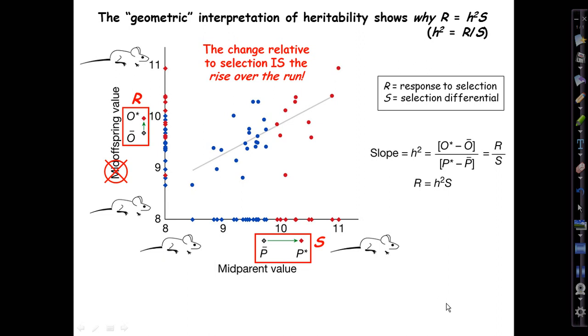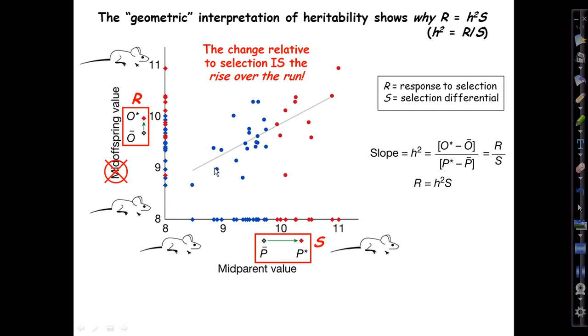And so that's a way to remember how there are these two different ways of estimating heritability. You can regress the offspring on the parents and shoot a regression slope through it, or you can do the selection experiment and see what evolutionary response you get. That's more complicated and time-consuming, but you could do it that way.